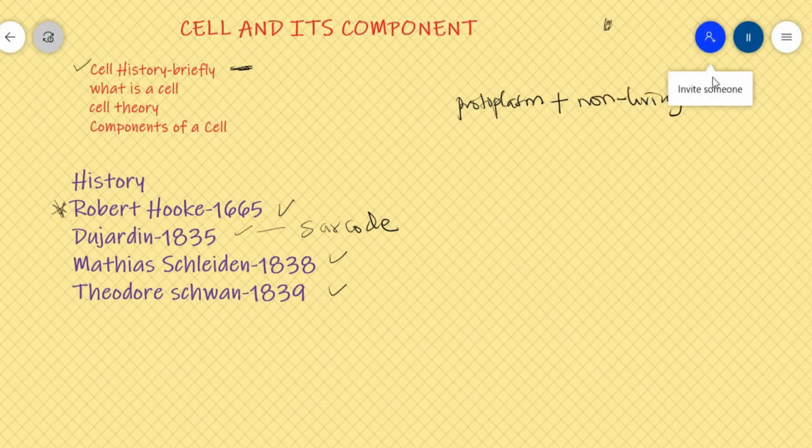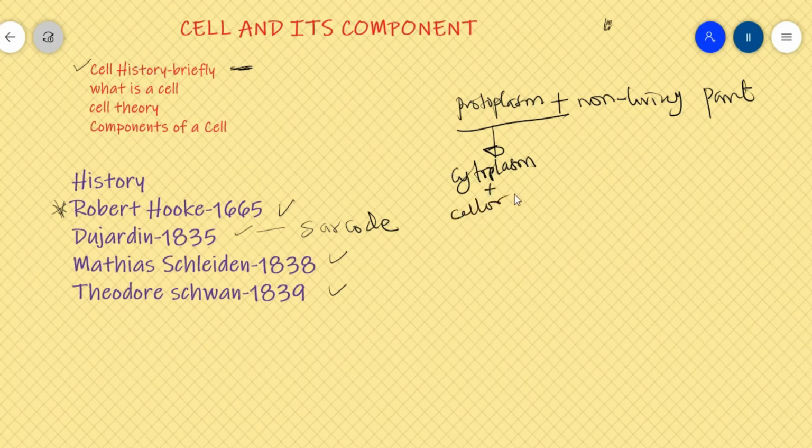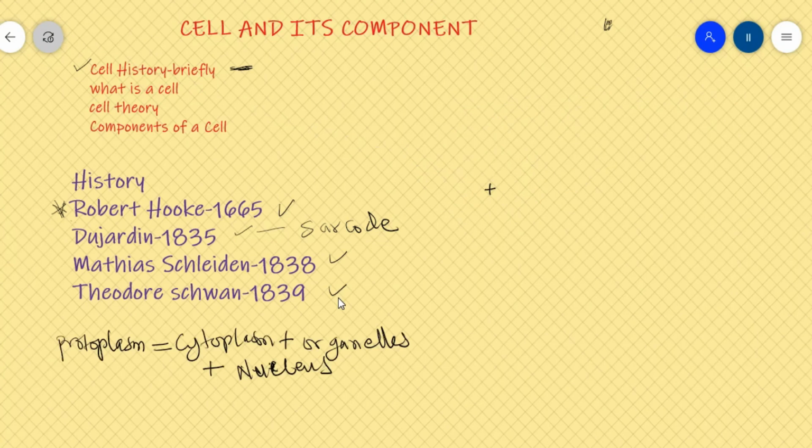The protoplasm consists of the cytoplasm, the cell organelles and the nucleus.